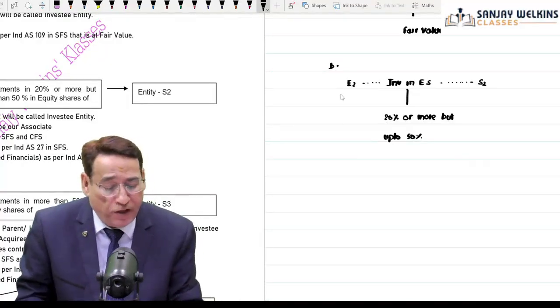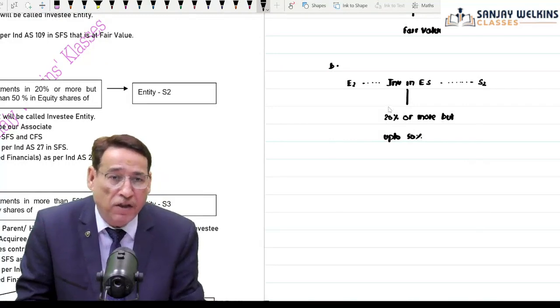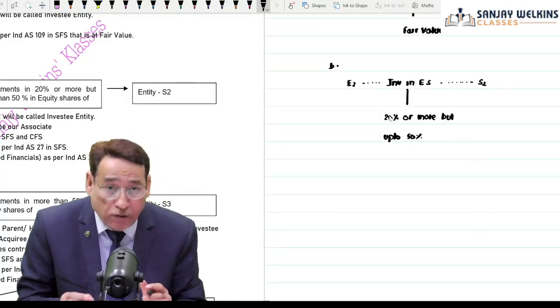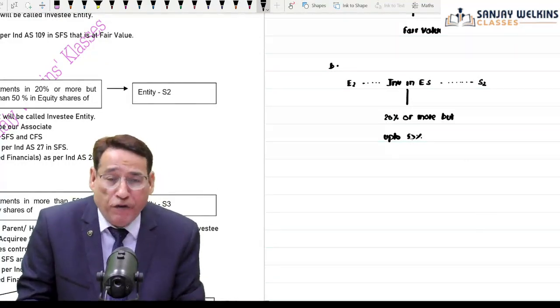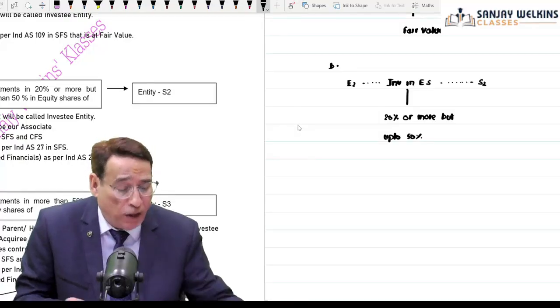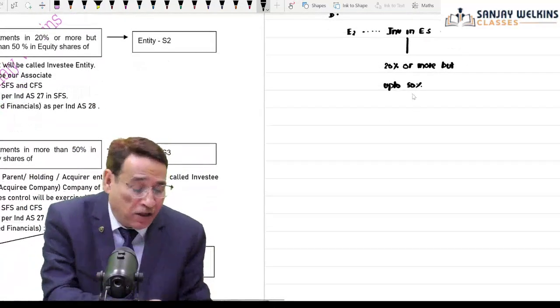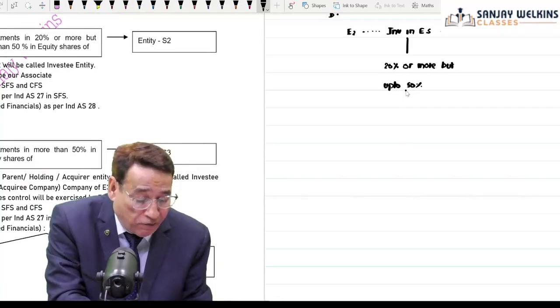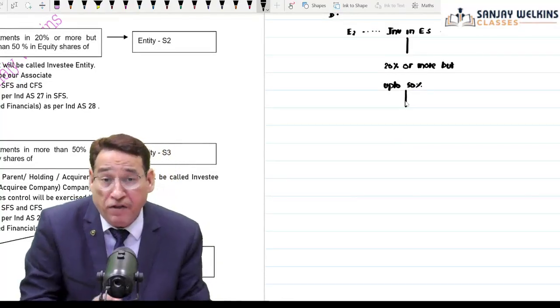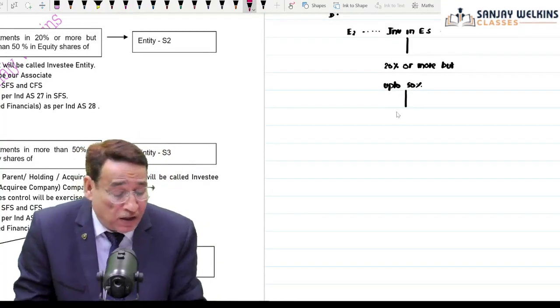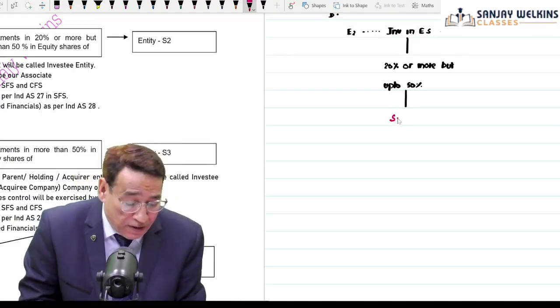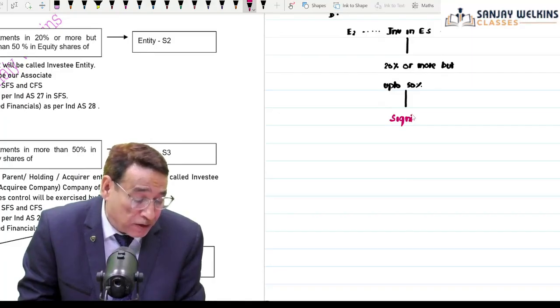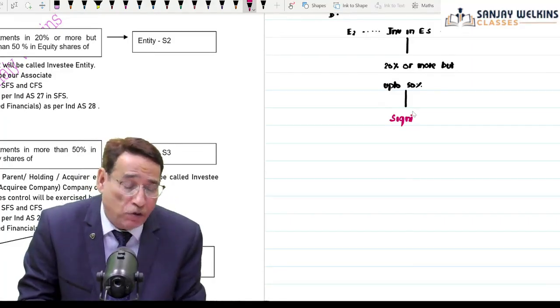So if an entity makes investment in the other entity and the range of the investment is 20% or more, but up to 50%, in this particular case, we may say that the investor entity is exercising significant influence over the other entity, because this time we have investment in the vicinity of 20% to 50%.